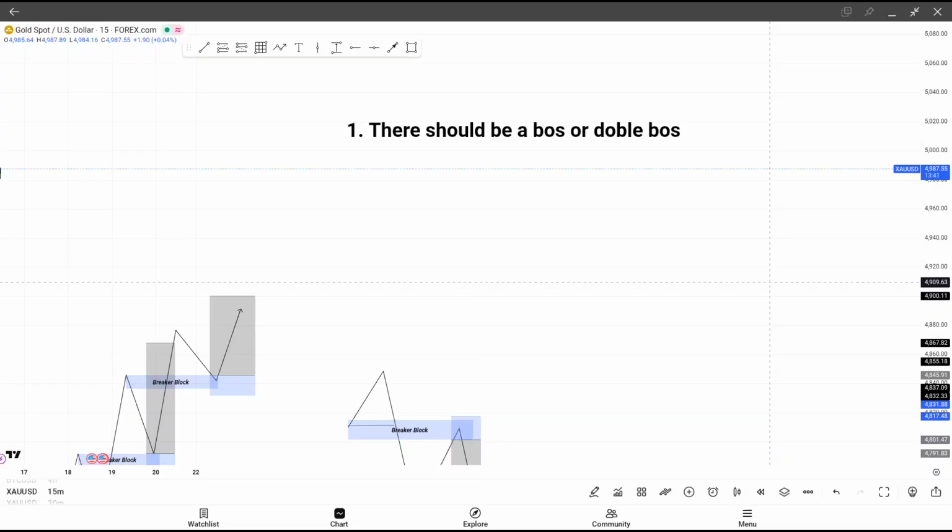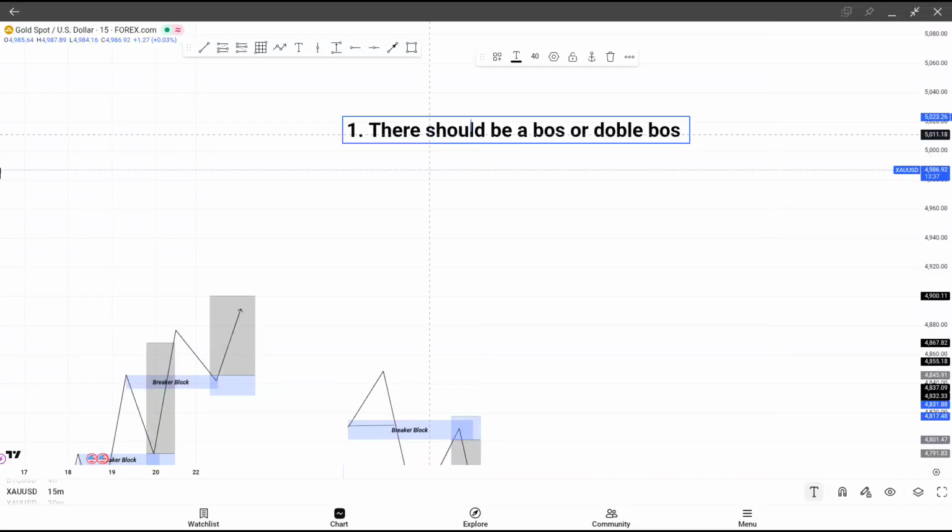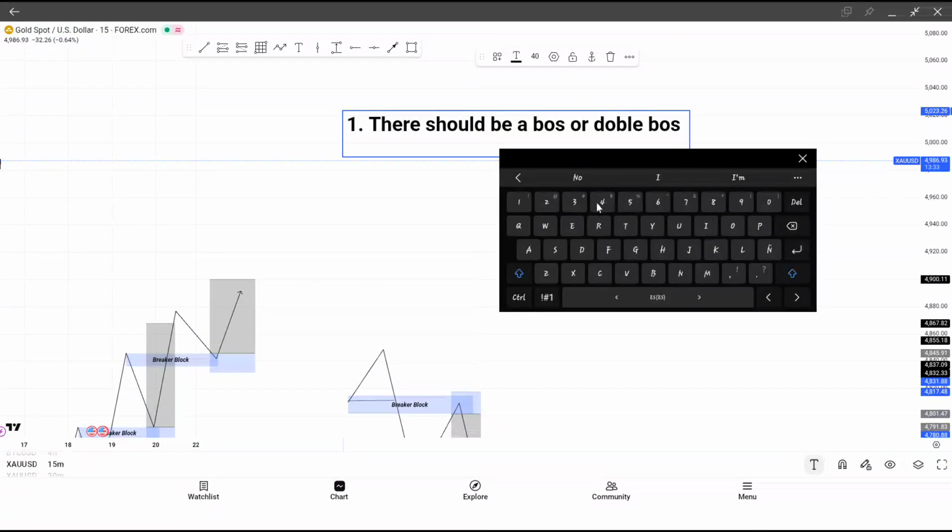A break of a structure or a double break of a structure. The second rule says there should be what? An inducement.